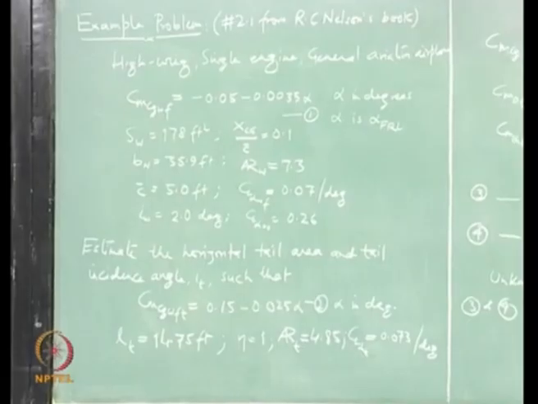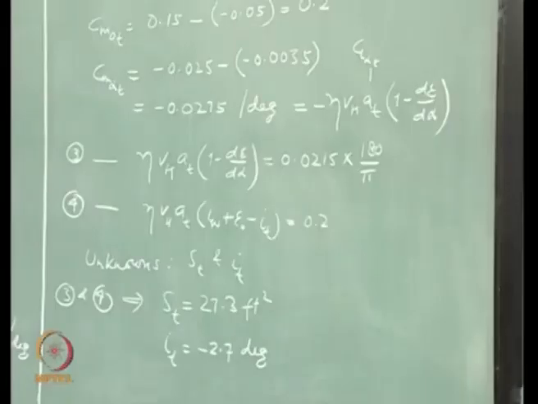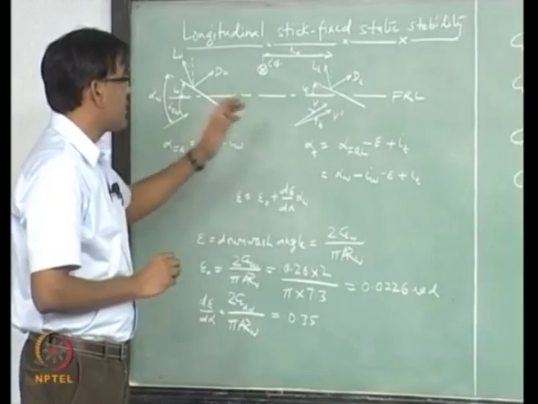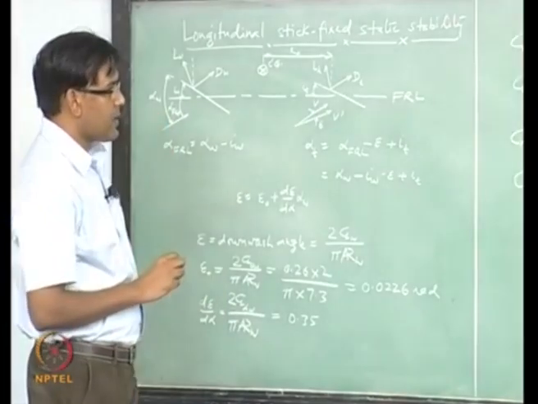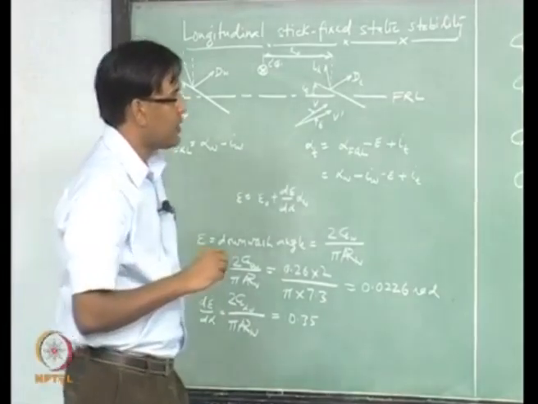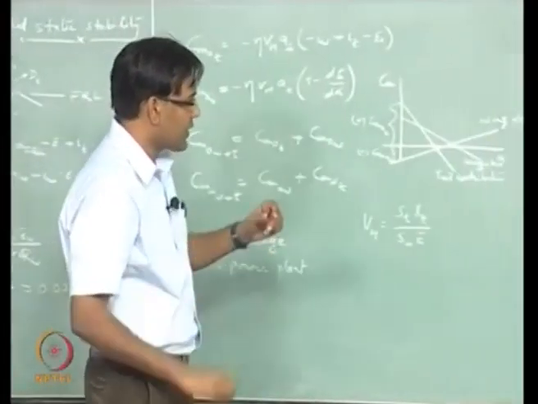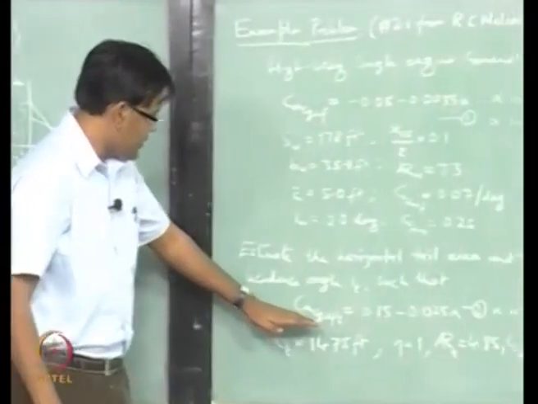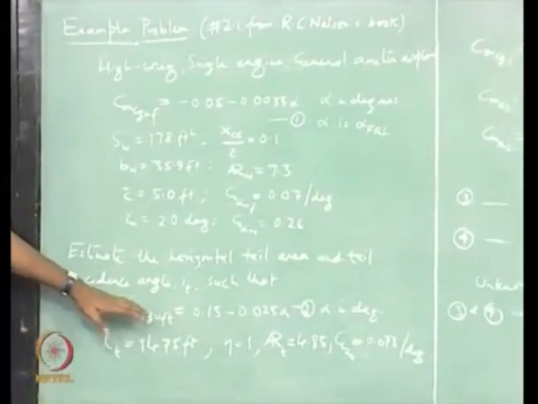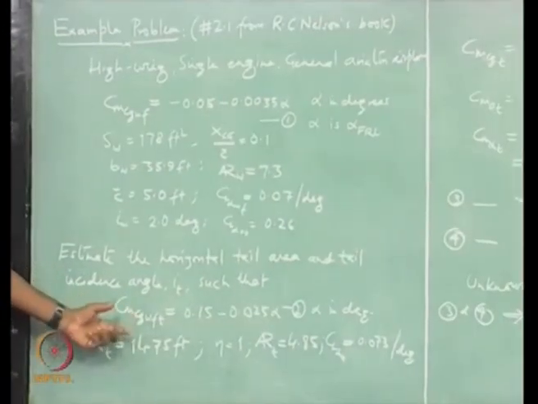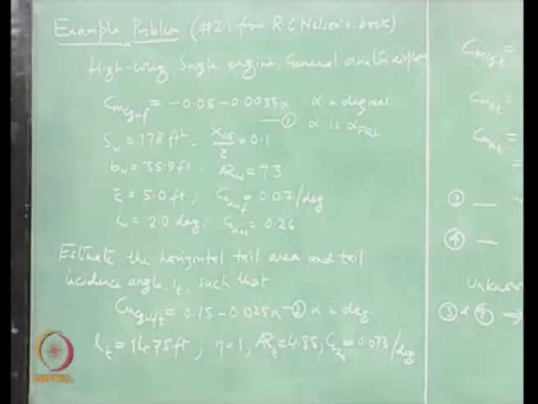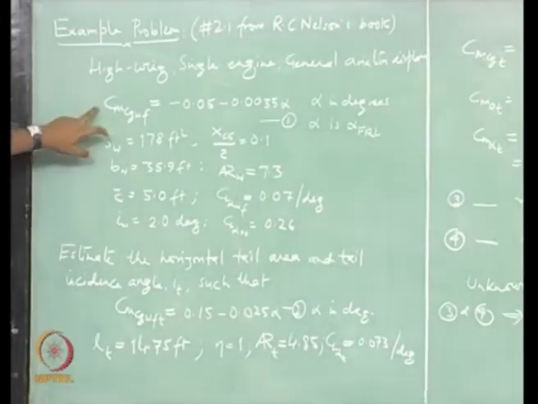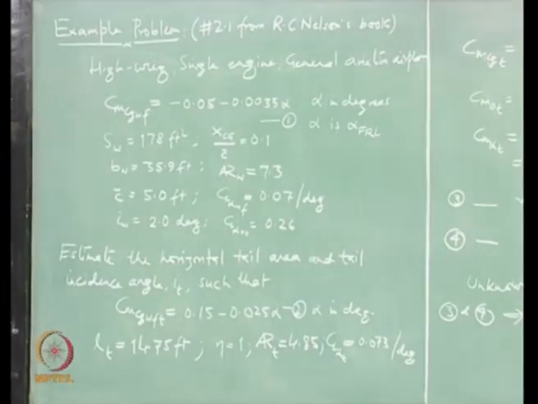So what we have found is, from the given requirement on the aircraft in terms of the C_M,CG wing fuselage tail contribution and this C_M,CG wing fuselage contribution, the information on how to size your tail, right.